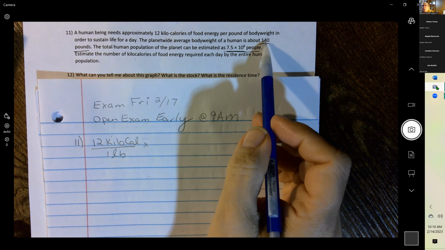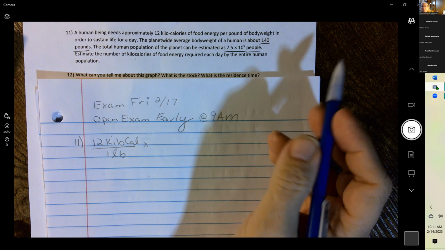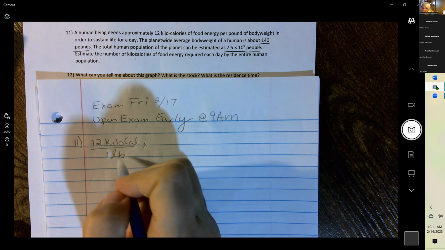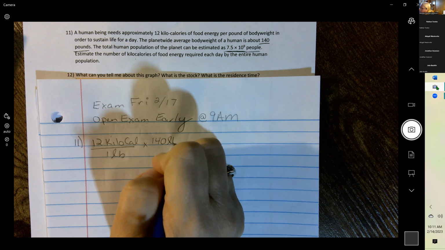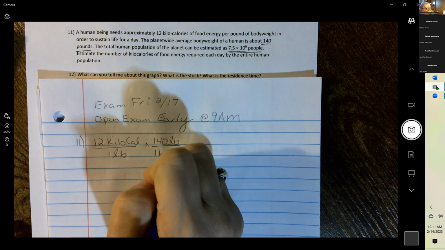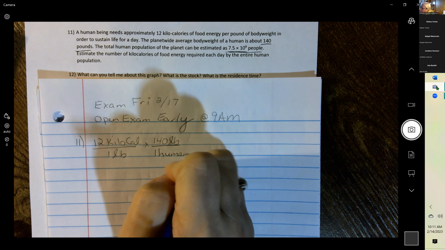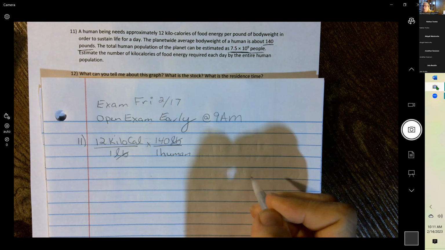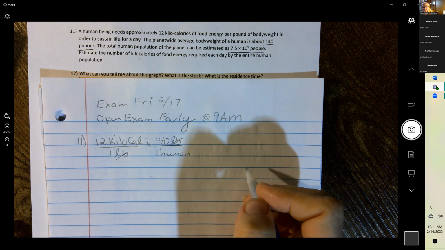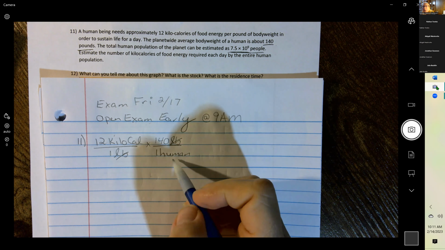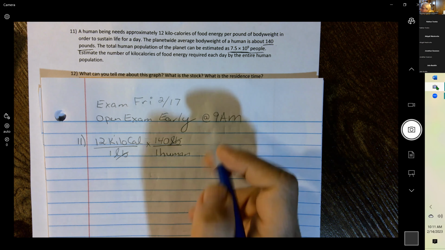If you're not sure where to start using measurements, they told us that a human is 140 pounds. Pounds is in the bottom, so we need to put it on the top so that we can cancel it. Humans, we want to make this population.